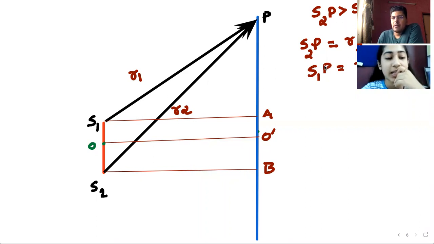I have named them so that S1P is R1 and S2P is R2. That is a conventional law. Whichever is maximum minus minimum is called the path difference.